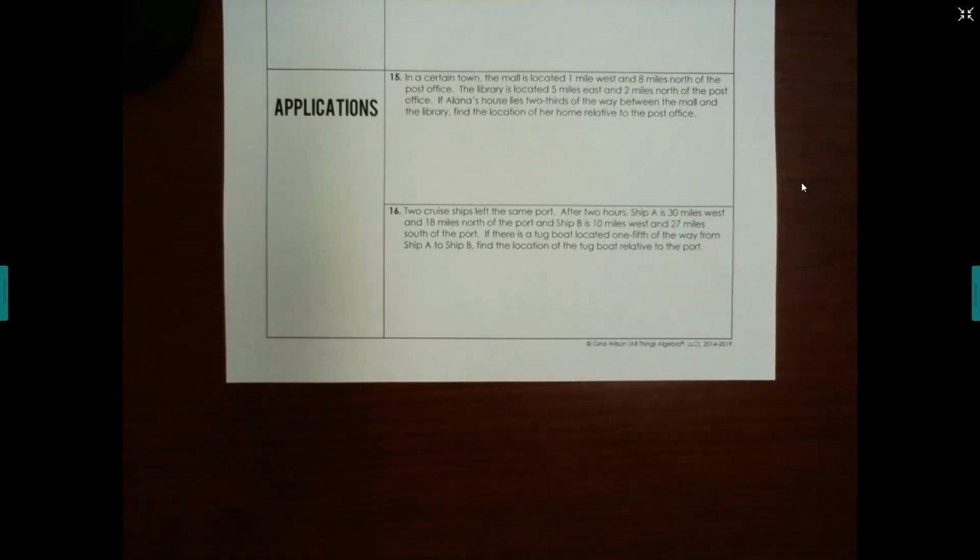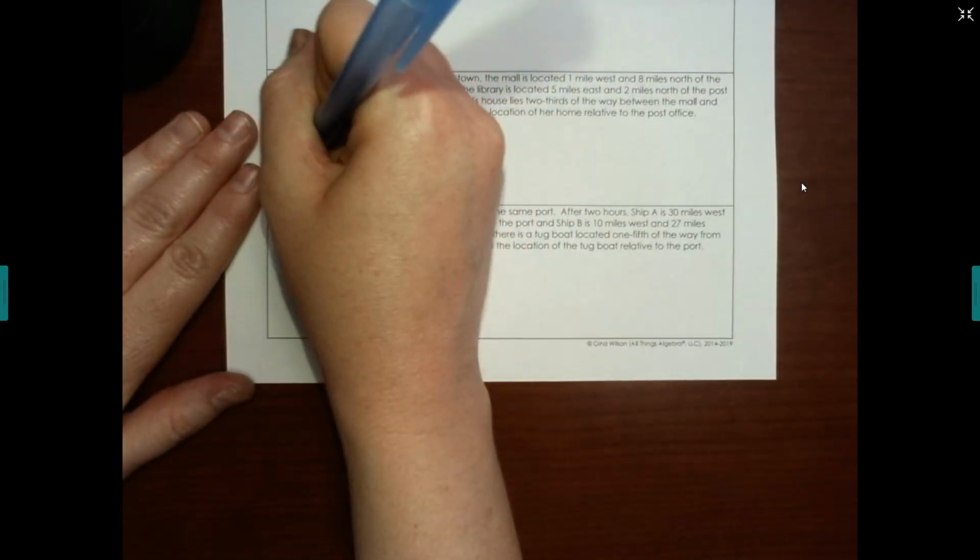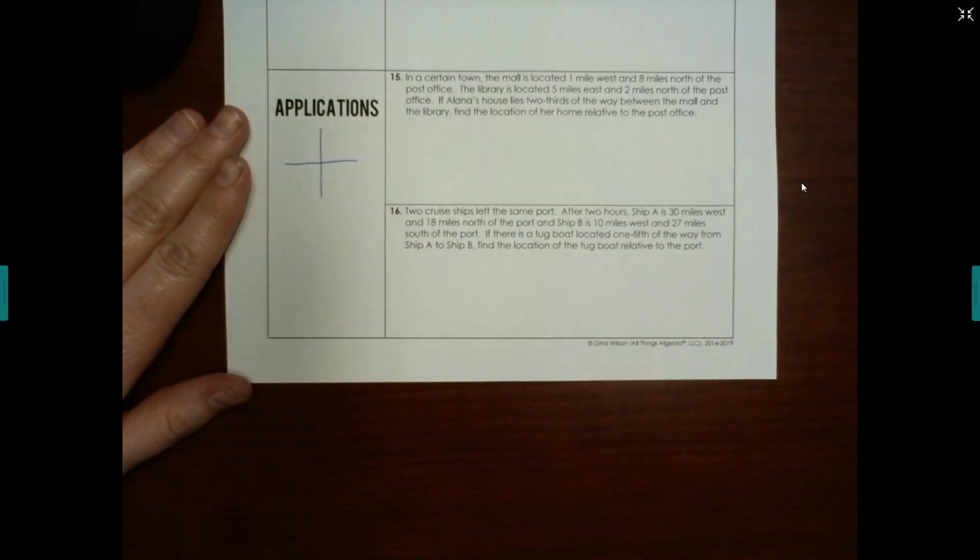In a certain town, the mall is located 1 mile west and 8 miles north of the post office. The library is 5 miles east and 2 miles north of the post office. If Alana's house lies 2/3 of the way between the mall and the library, find the location of her home relative to the post office.